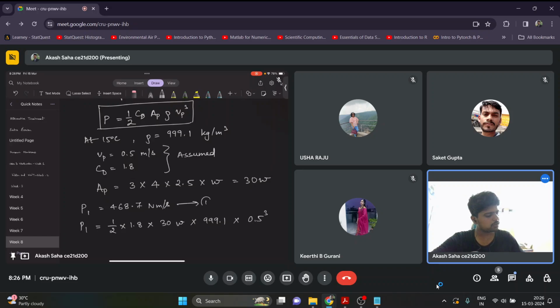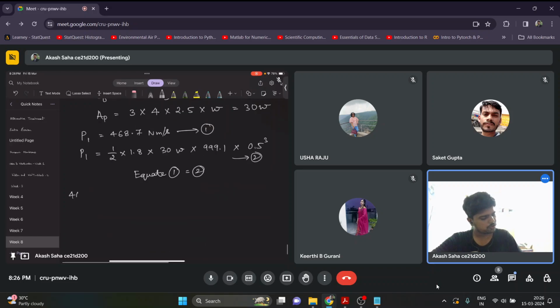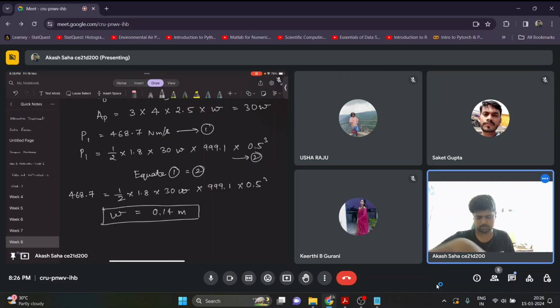So if we equate 1 and 2, we get 468.7 is equal to half into 1.8 into 30W into 999.1 into 0.5 cube. So what I will get is W equal to 0.14. So I will get W as 0.14 meter.